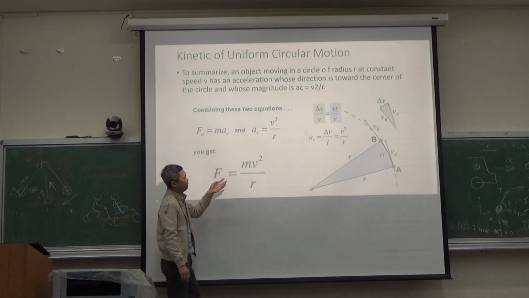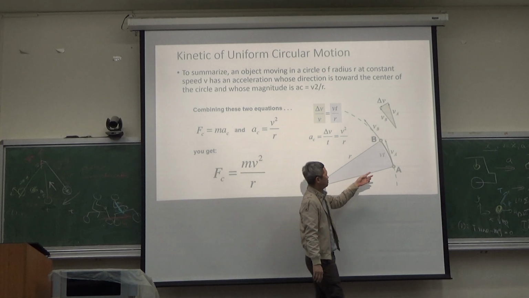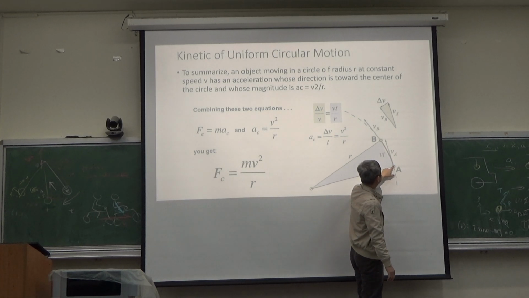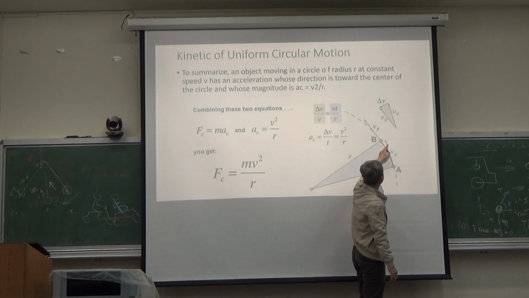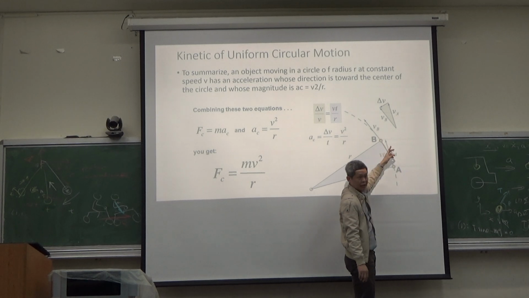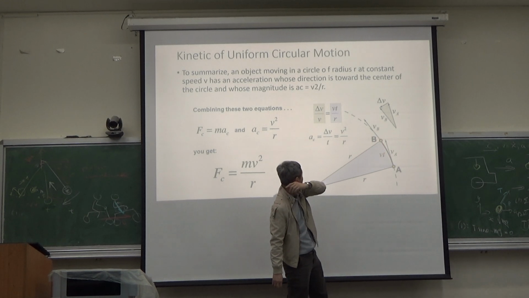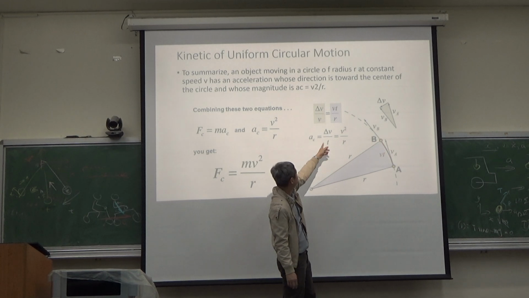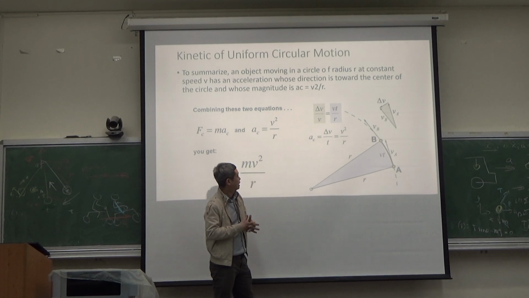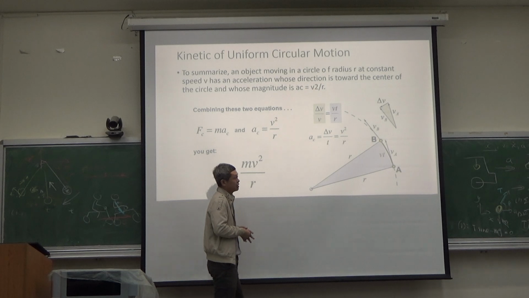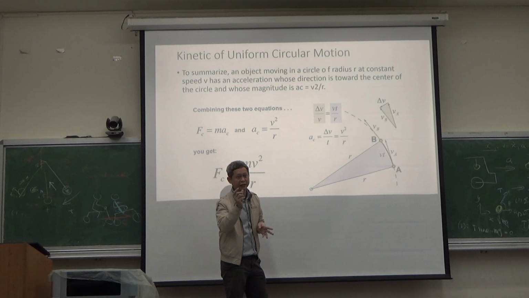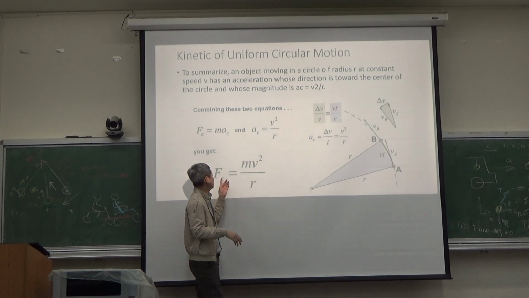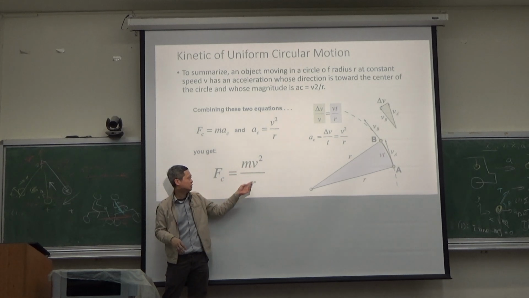As we told you before, the centripetal force is the force required to change the direction of the tangential velocity. So imagine the tangential velocity is going to change at point A and point B. The change in the direction will be delta V, and this delta V is then obtained as the tangential speed times the small angle change, and then divided by time. Then in the end you obtain mv squared over r.